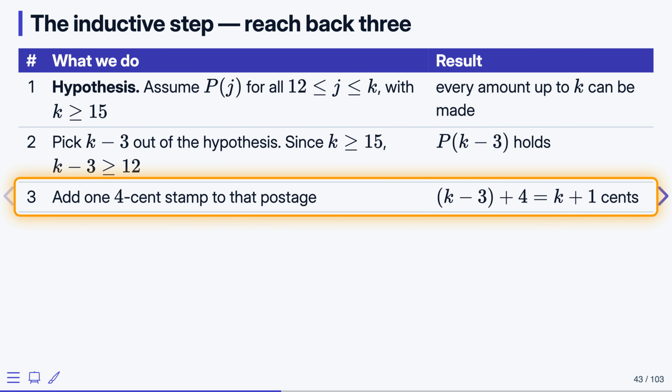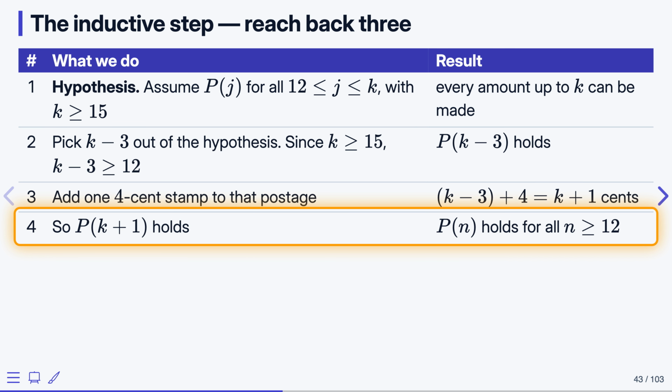Take that pile of stamps and add one more 4-cent stamp. The total goes up by 4, so we get k minus 3 plus 4, which is k plus 1 cents. Step 4. So P(k plus 1) holds, and P(n) holds for every n at least 12. Now you can see why the basis step needed 4 values. The step reaches back 3, so it needs 4 starting cases in place.